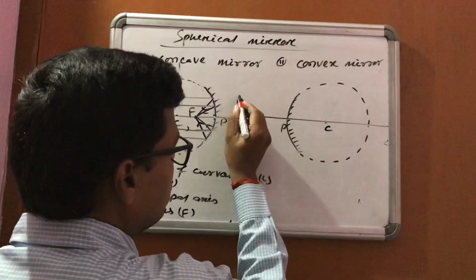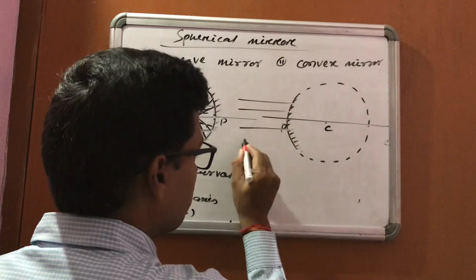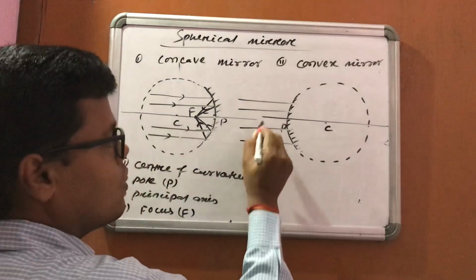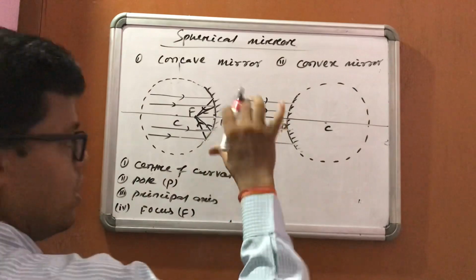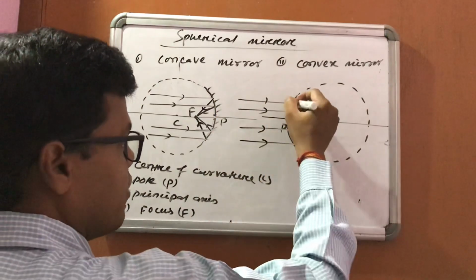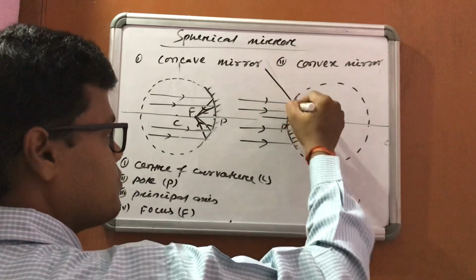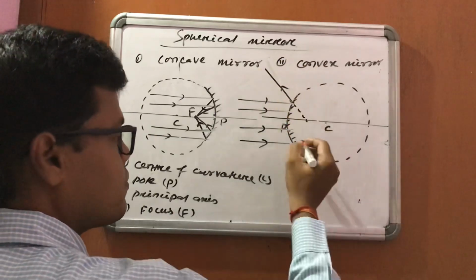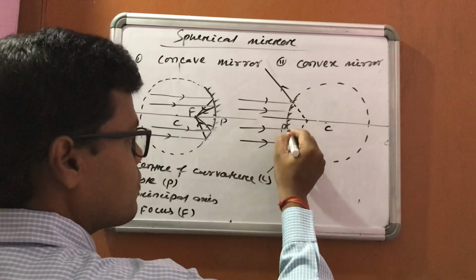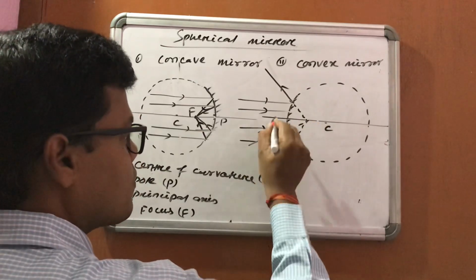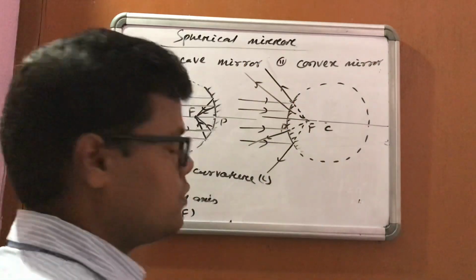When a beam of light is incident, don't forget to put the arrow mark, they diverge. They move away from each other. This is known as the focus.